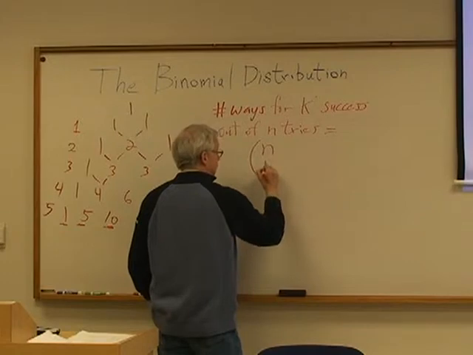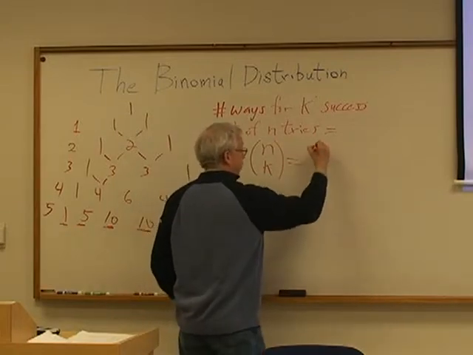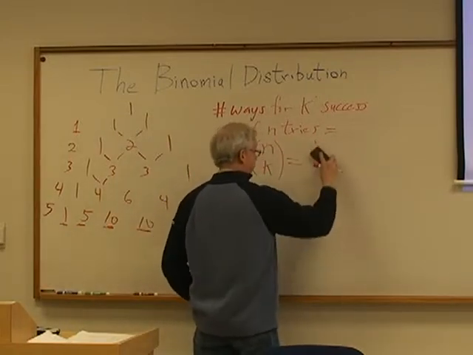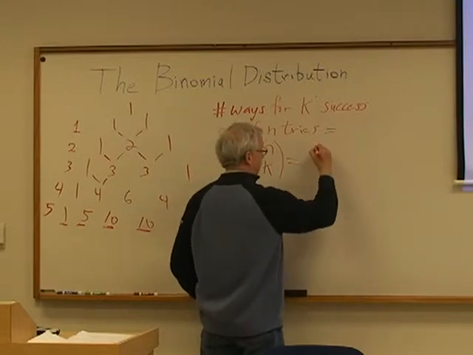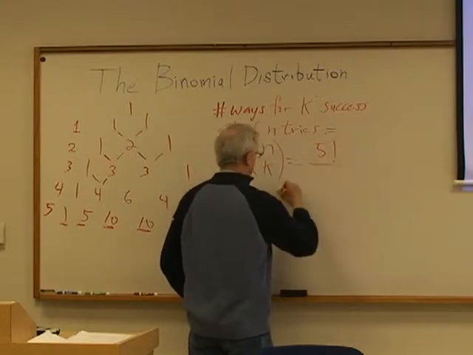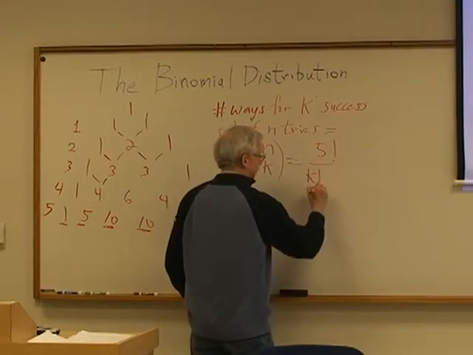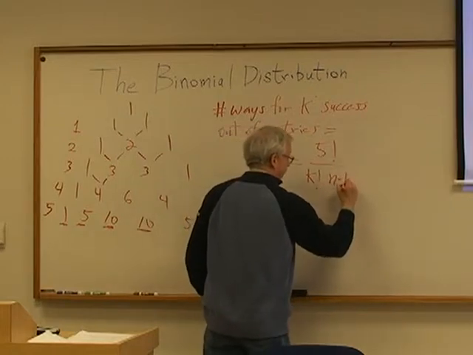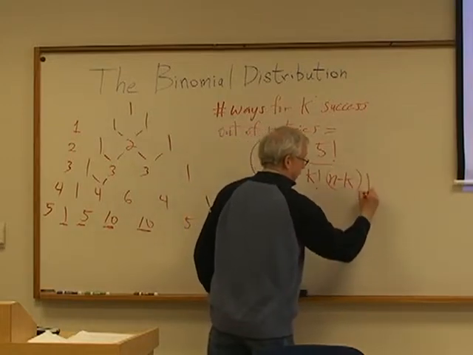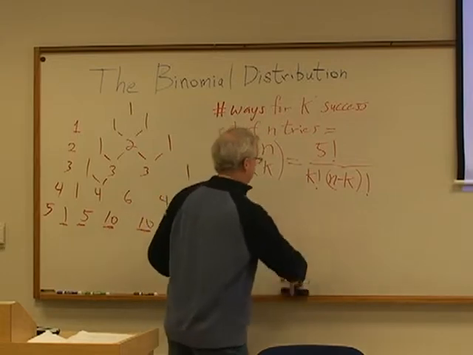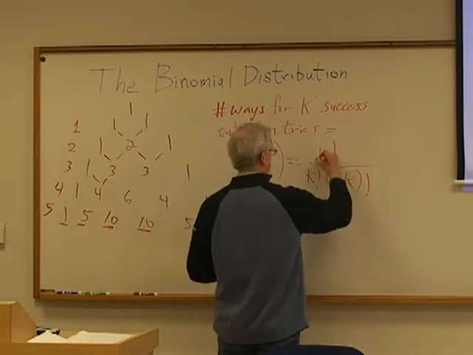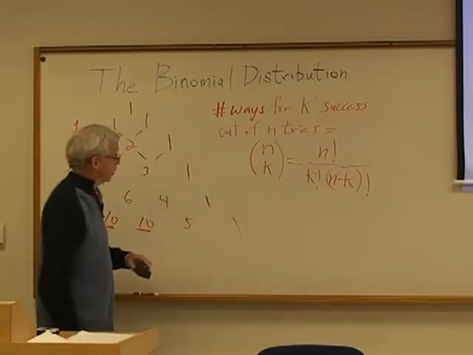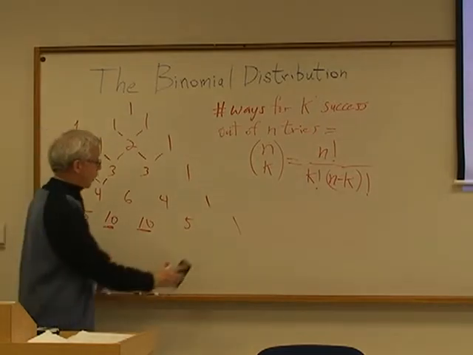There's the symbol, n choose k, and I compute it as n factorial over k factorial times n minus k factorial. Well, that looks like a mess, but let's show how it works by example.